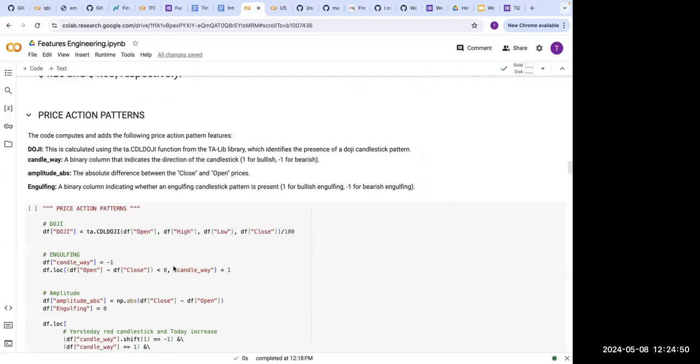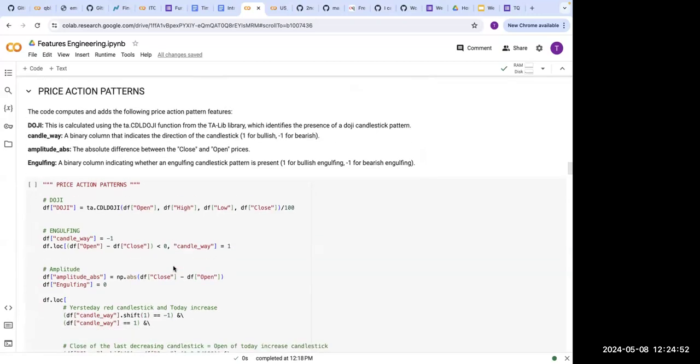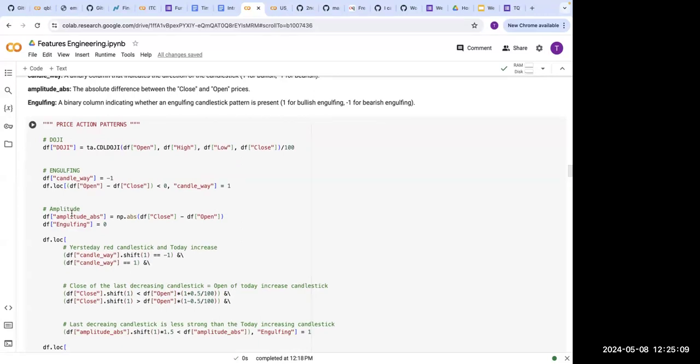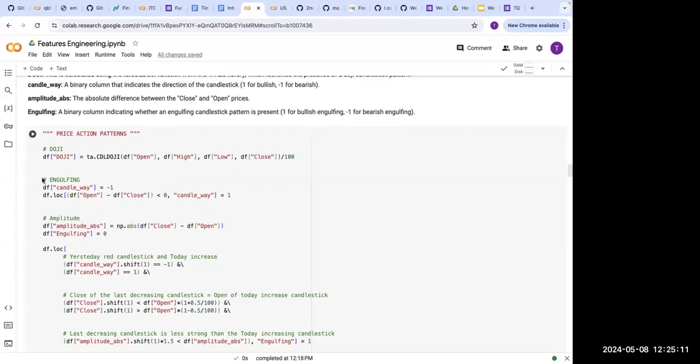Now how to use the doji concept we learned? We'll make a feature for that also, and the way to do it is here. So under price action patterns, we'll create all the doji indices, and you can ignore the engulfing part right now, just focus on doji.